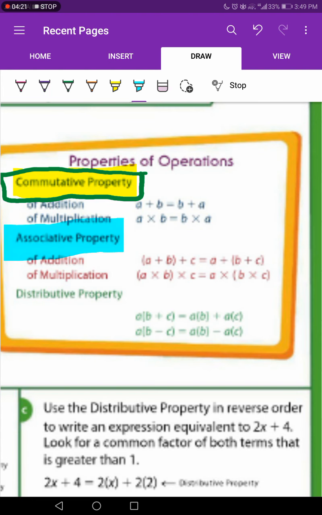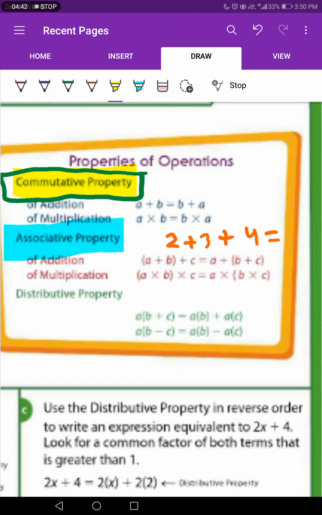associative property. Associative property means if I have three numbers, 2 plus 3 plus 4, I can start adding from anywhere. If I can start adding from anywhere, you can apply the associative property.